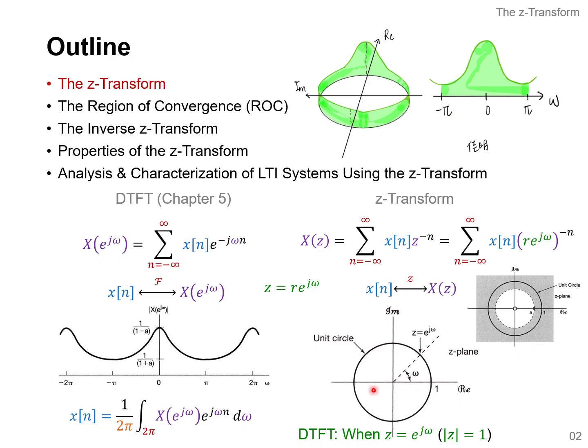So what's the relationship between the figure of DTFT and the Z transform? This is a drawing made by one of your seniors. You can see DTFT is located on the unit circle of Z transform.